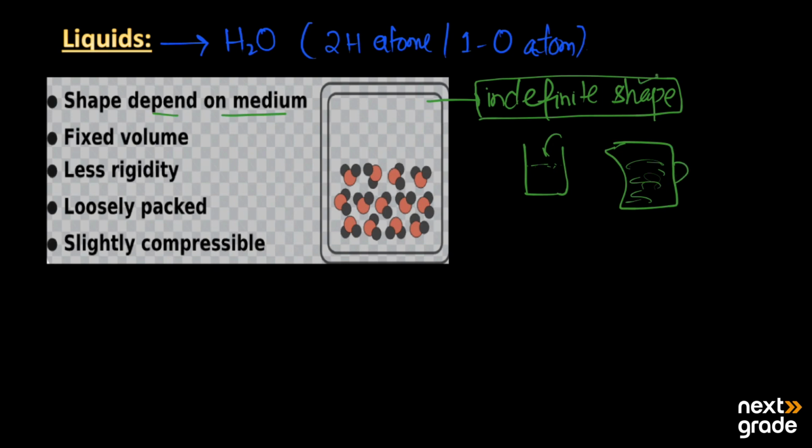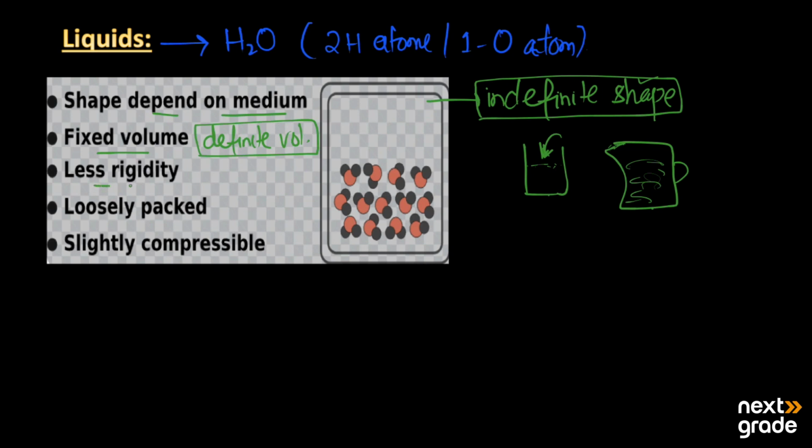They have indefinite shape, or they take the shape of the container in which they have been put. The second property is that they have fixed volume. So they have definite volume. It means their volume will not change whether they are in the glass or in the jug.